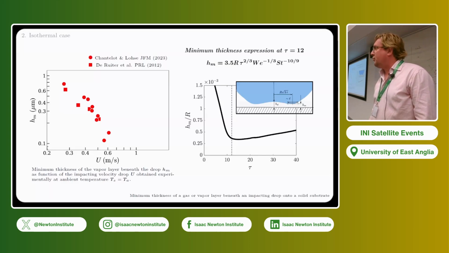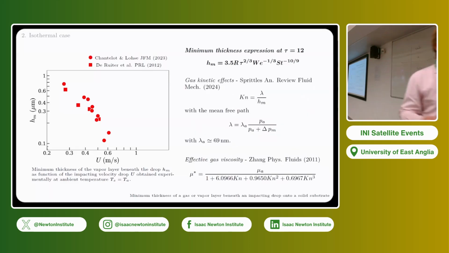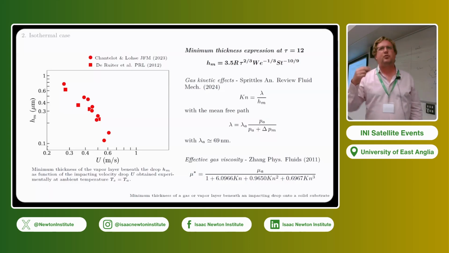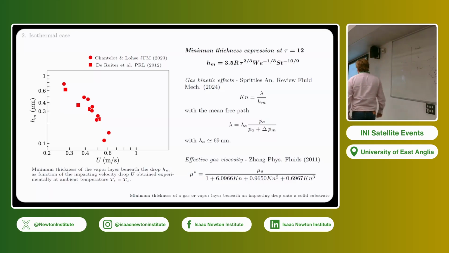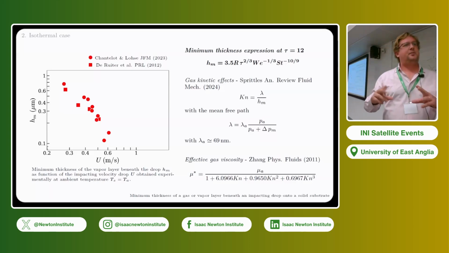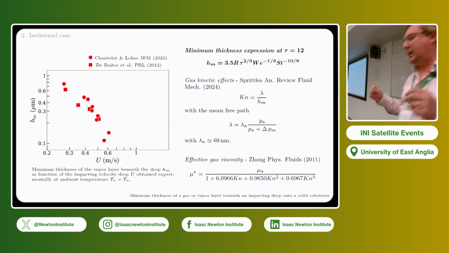So if we put tau equal to 12 here, taking into account an idea proposed by James Brittles. James Brittles said this vapor layer is too thin, so you need to take into account gas kinetic effects. How do you do that? You use an effective viscosity of the gas, and in our case we have taken this expression from Zhang to take into account this effect of the thinning vapor layer.